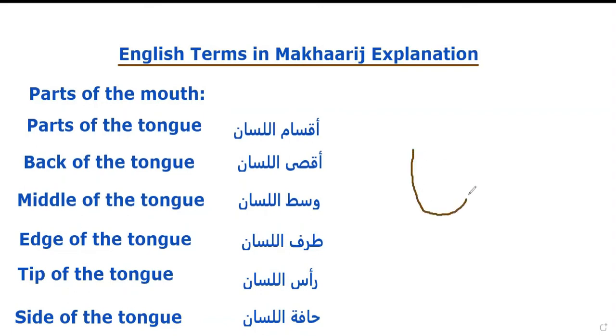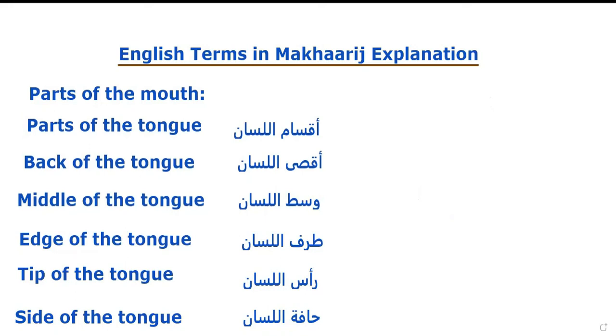Either you should have a tongue diagram with you, a picture of a tongue, or you should draw it and explain that this is the frontal part of the side. Those are the parts of the tongue, inshallah. I'm going to take a picture and send these to you.